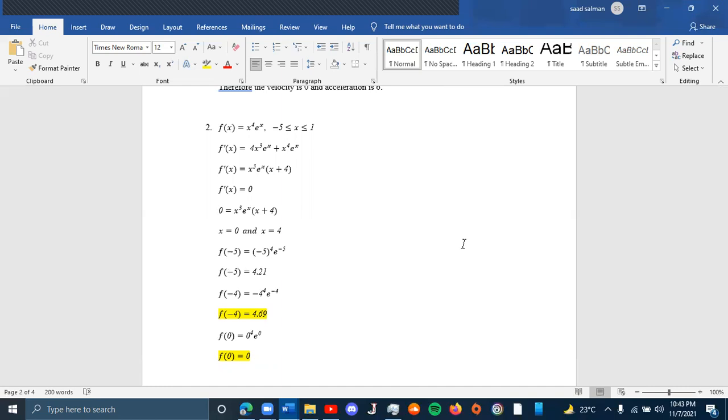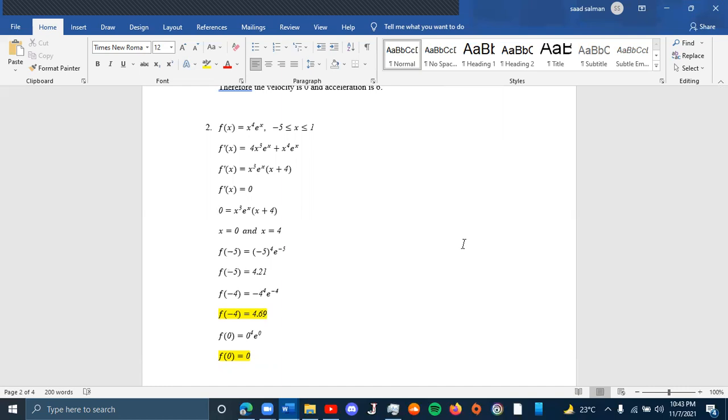So we'll get f'(x) = 4x³e^x + x⁴e^x. f'(x) = x³e^x(x + 4).